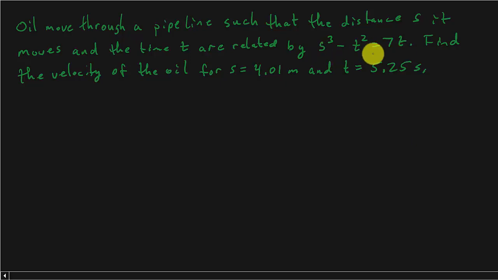In this problem, s is like our y and t is like our x. So t is the independent variable, s is the dependent variable. So what does that mean? Well, we take the derivative just like we always do, but when we take the derivative of the s term, we multiply by s prime.